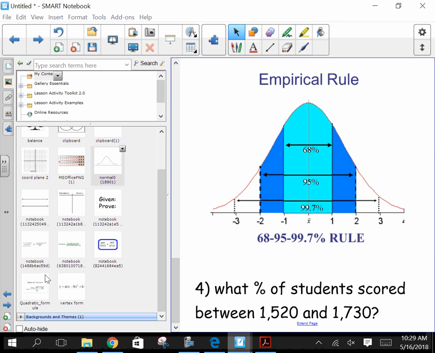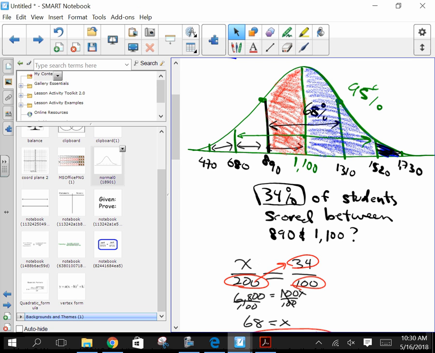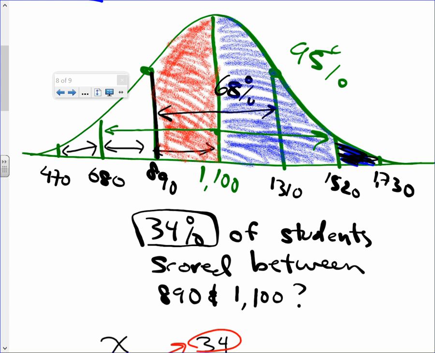All right. So 1520 and 1730, that's all this right here. That's the question. What percent is that part of the data between the second and third standard deviation?